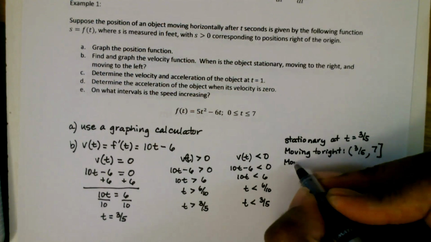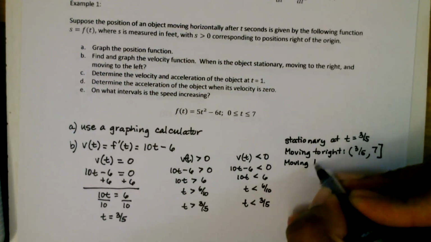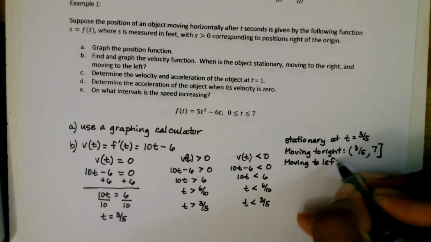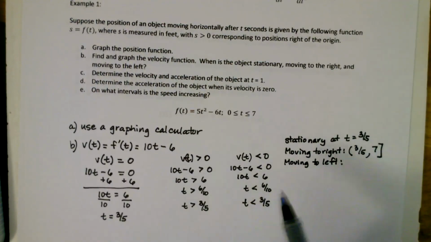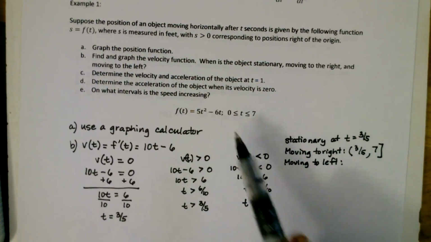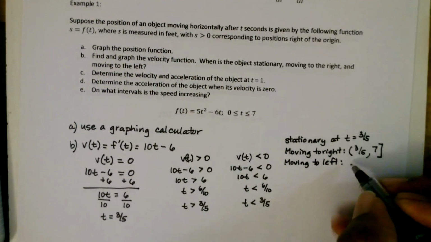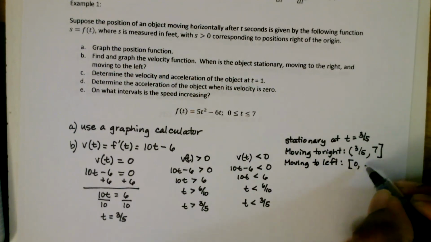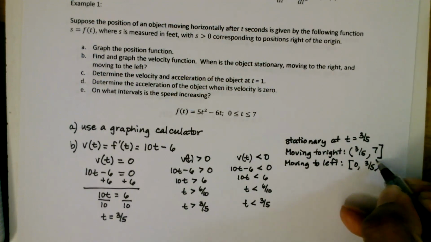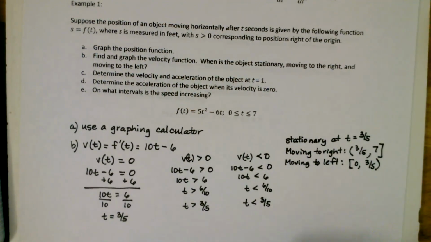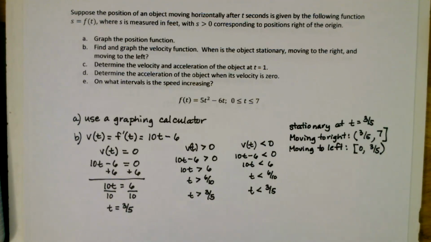And then moving to the left, keep in mind we're restricted from 0 up to where it's stationary at 3/5. And we use a right parenthesis because we don't want to include 3/5. So the object is stationary at t equals 3/5.